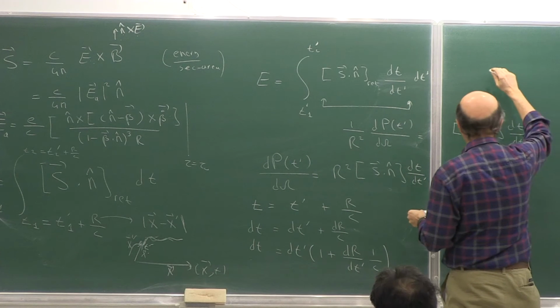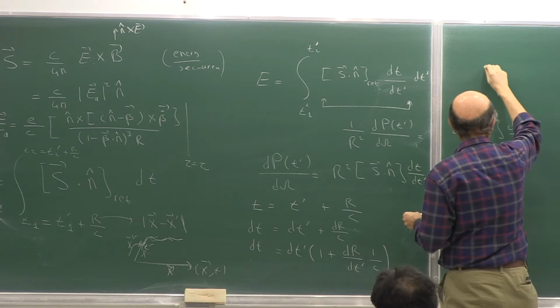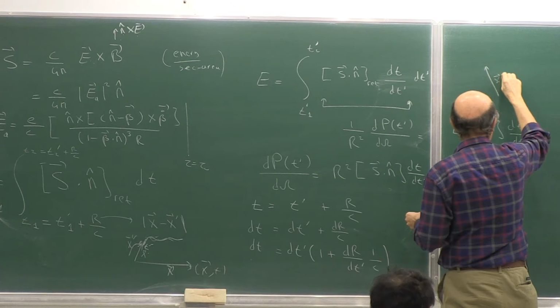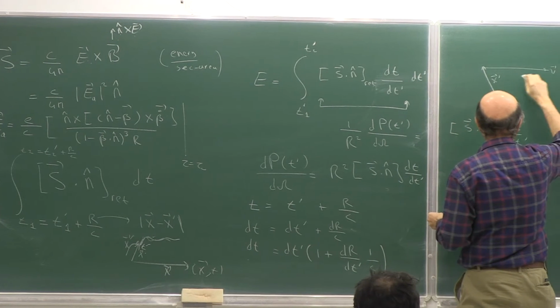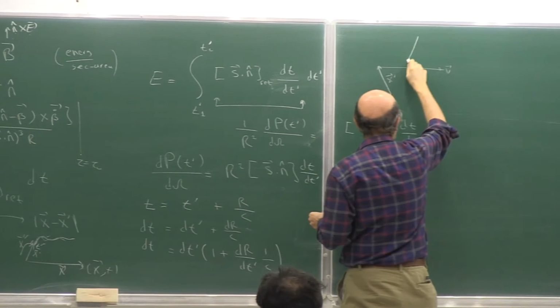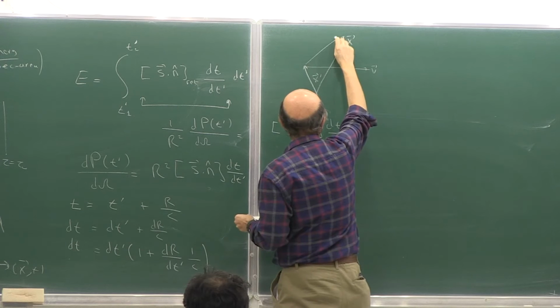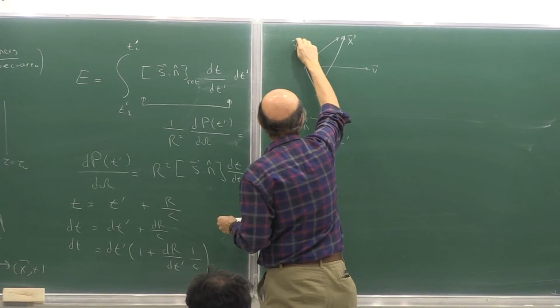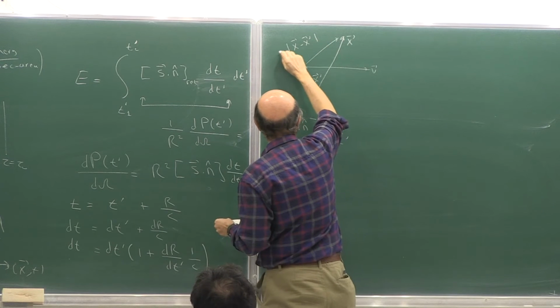Let's say the charge at location x prime moves with some velocity v, x is our point of interest, and x minus x prime is this vector, whose magnitude is r.